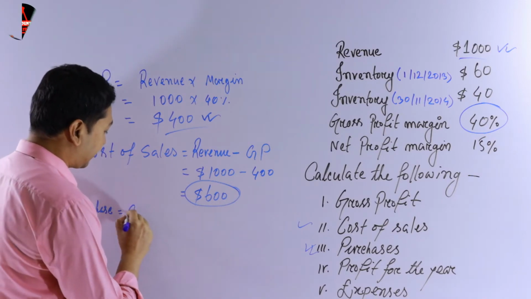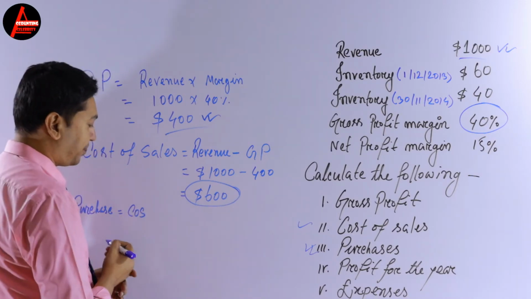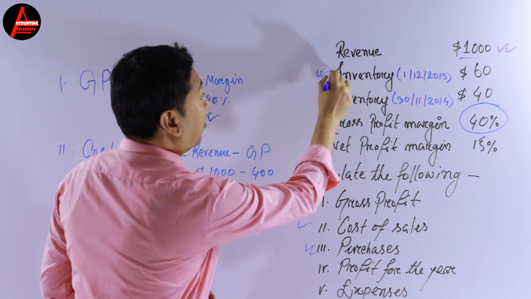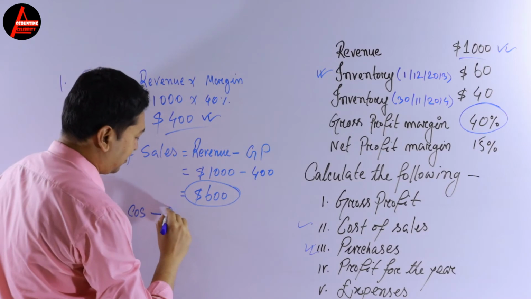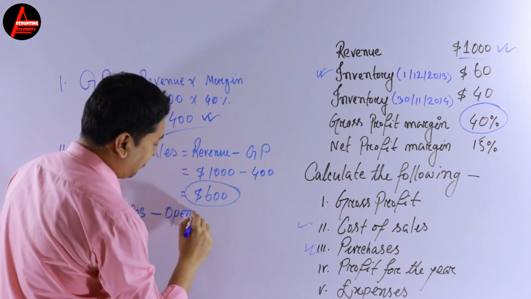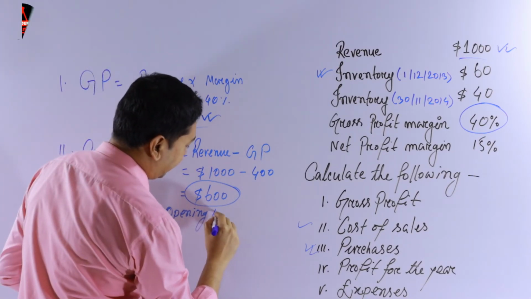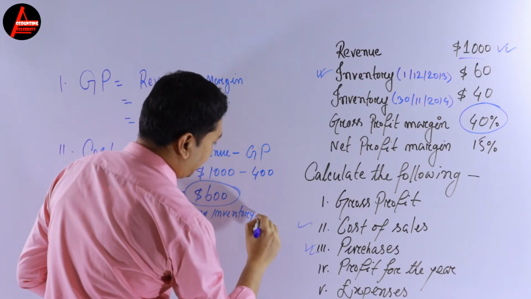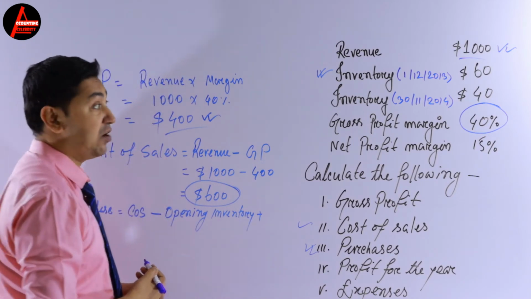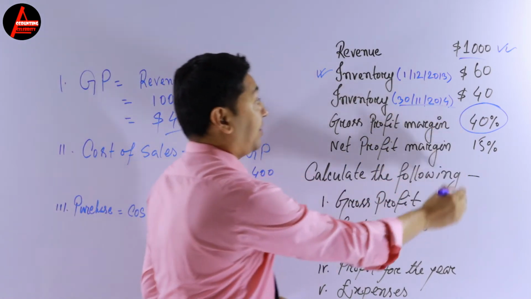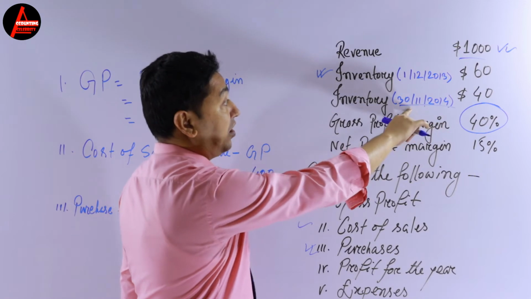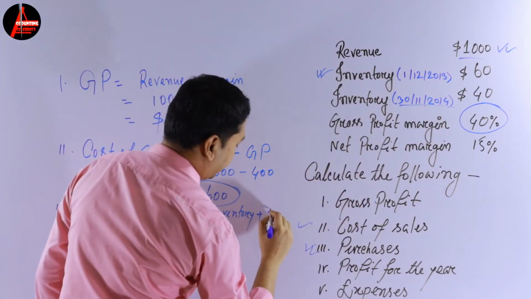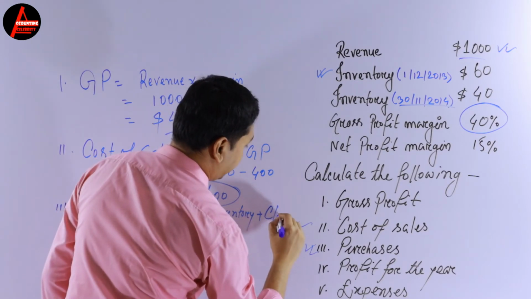So let us write here cost of sales minus opening inventory plus closing inventory. Okay, closing inventory is given here. So right here plus closing inventory.